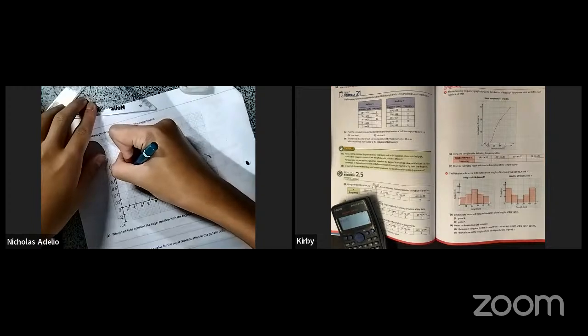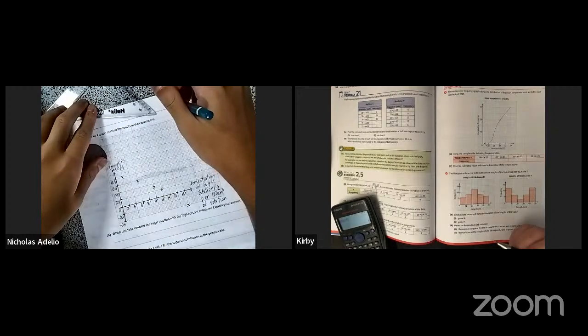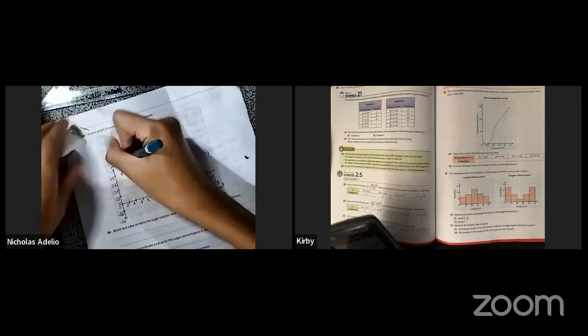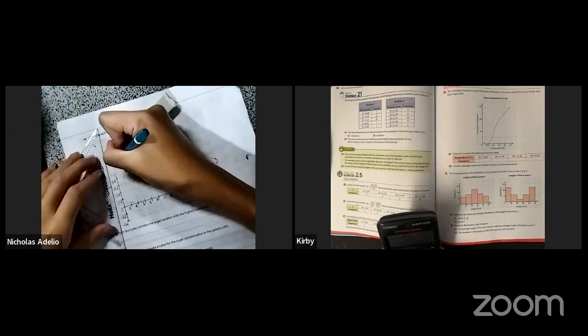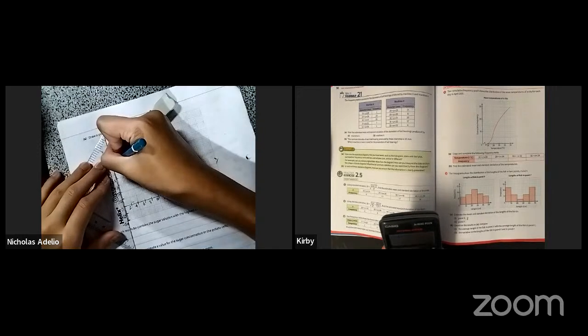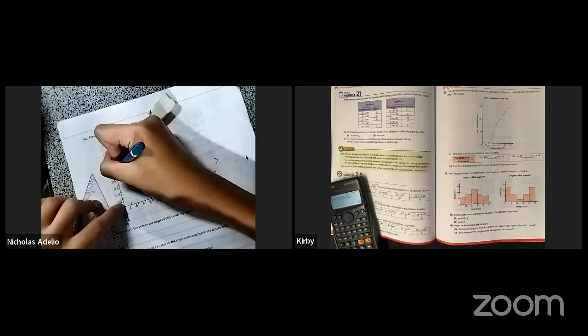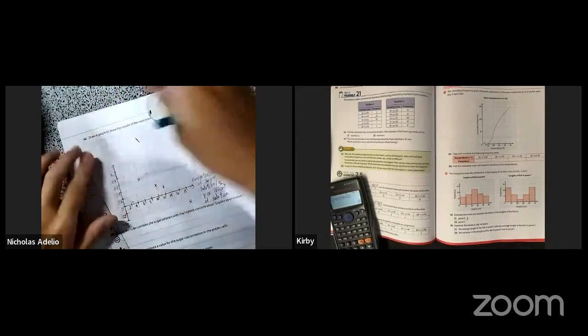I am going to accumulate the frequency. This already has frequency. That's the frequency, right? So look at me accumulating the frequency. I believe this is a 6, right? This is 6. This is 8. This is 12. This is 8, and this is 6. You correct me if I'm wrong. Correct?